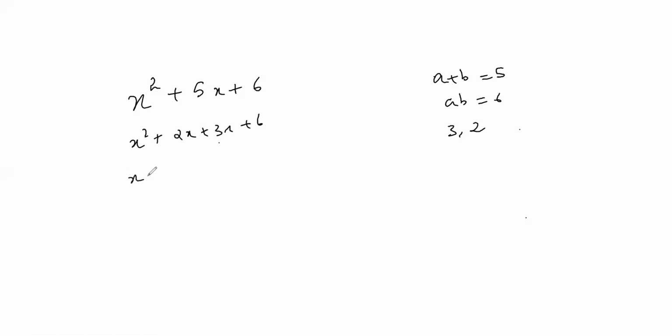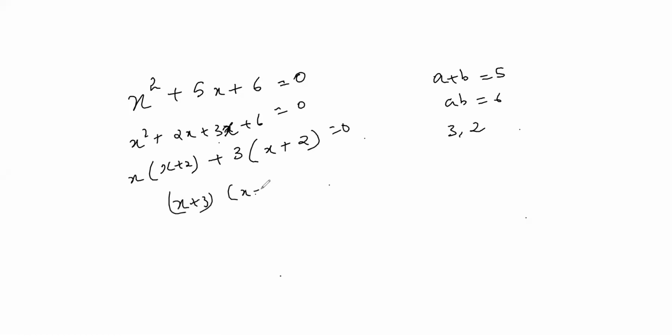So we'll take x common: x into x plus 2 plus 3 into x plus 2. So we get x plus 3 into x plus 2, everything is equal to 0. Okay. So x plus 3 into x plus 2 is the factor of this. So this implies x is equal to minus 3 or x is equal to minus 2. These are two values which I am getting from this equation.